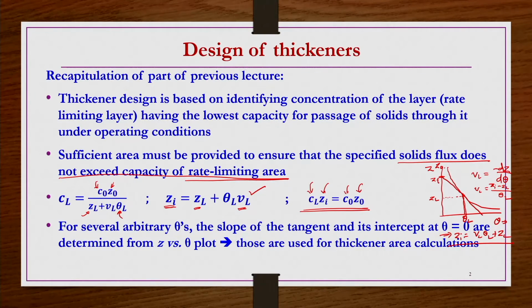If we find out the solids flux F and plot it against the solids concentration C of this slurry at different times, then you may have a layer or location where the flux is a minimum. Corresponding to that minimum flux, whatever the FL is there, you can note down, and from there we can get the required area for the thickener. So, that is what we are going to do now.